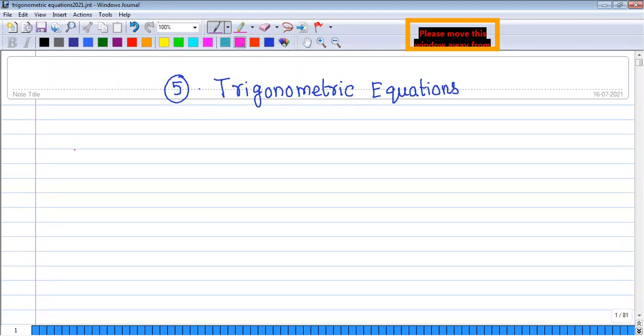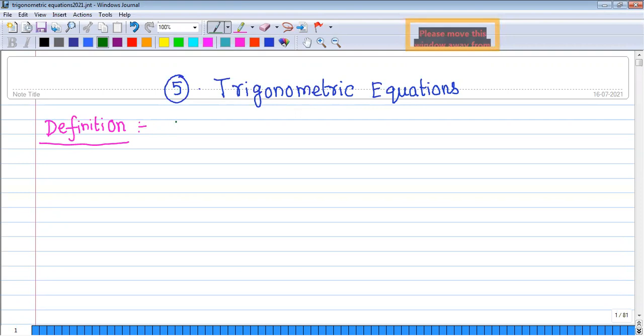Okay. So what is the definition of the trigonometric equations? See, already trigonometric equation.